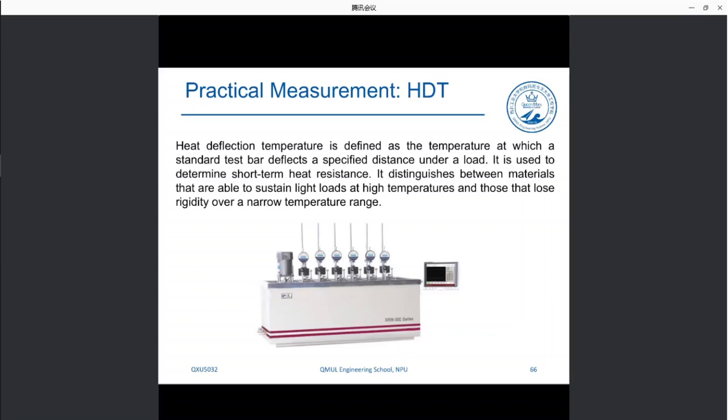What happens in the heat deflection temperature is essentially we heat up our material and we apply some pressure on our material. When the material is still stiff, then it won't bulge. It remains solid.